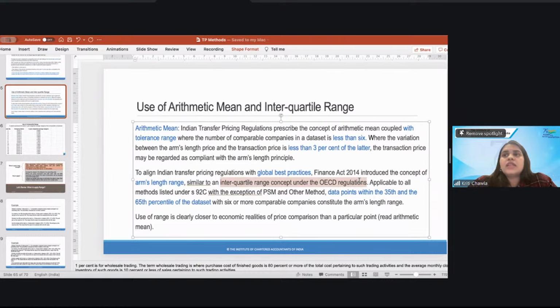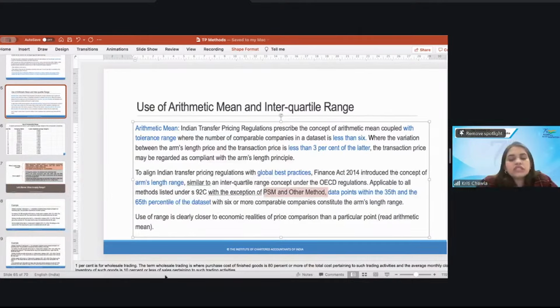It is available for all the methods except the profit split method and the other method. So it is available for CUP, TNMM, RPM, CPM, etc. And the range that we have in India is the 35th to 65th percentile.